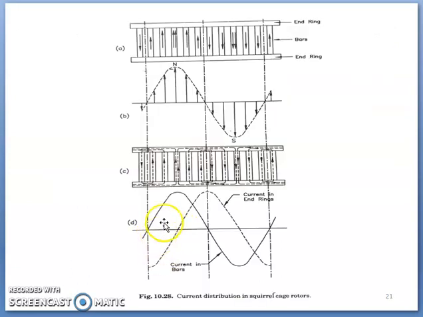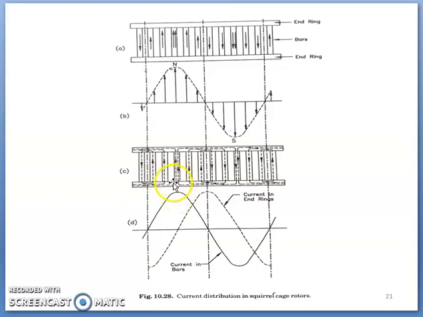This figure shows that the current through the bars will be maximum at this point, because of the higher magnitude of induced EMF at this position of the rotor bar. But when current in the bar is maximum, what happens to the current in the end ring? Current in the end ring is minimum when current in the bars is maximum.